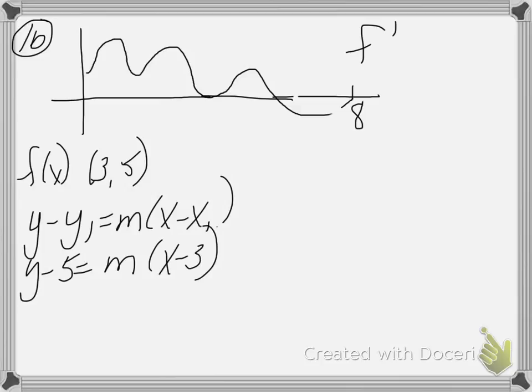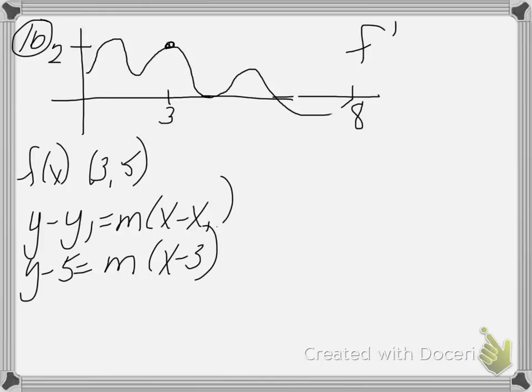Okay, and now I need the slope when x is 3. So what is the slope when x is 3? Okay, so you're going to look over here on the graph. That's when x is 3. So when x is 3, y was 2.